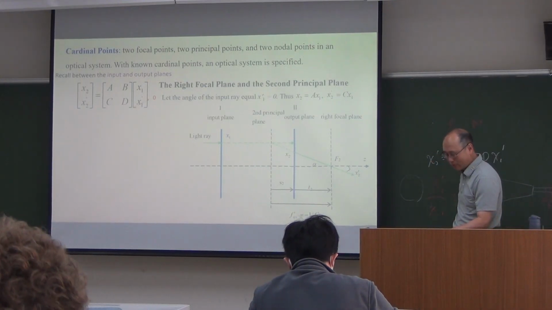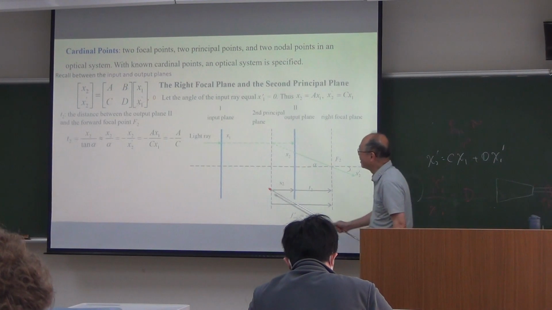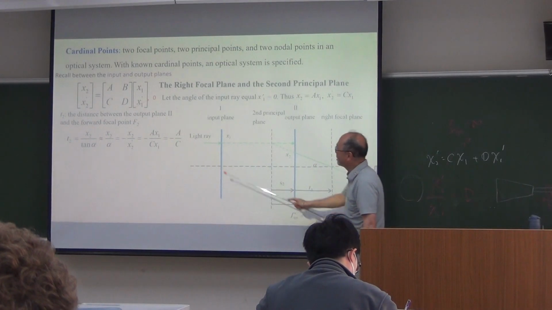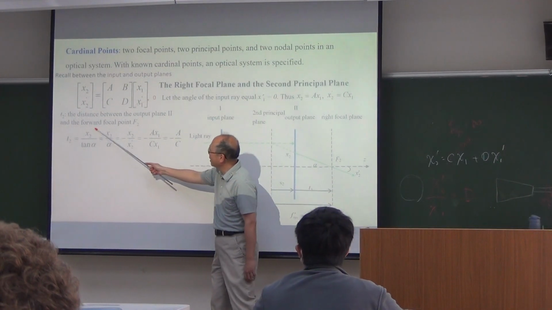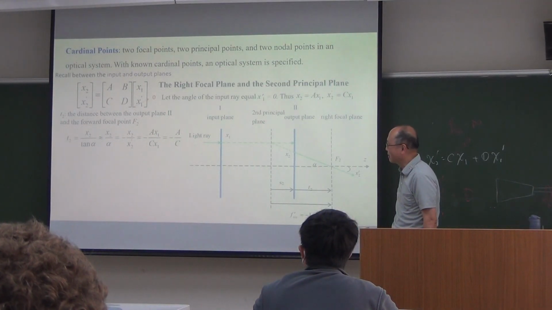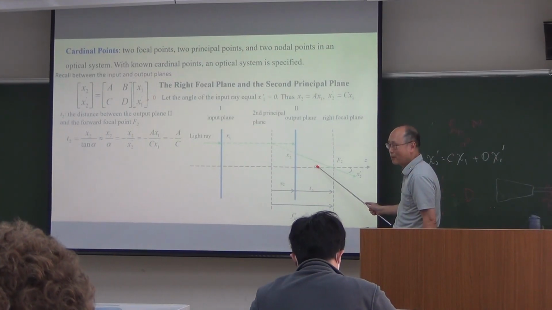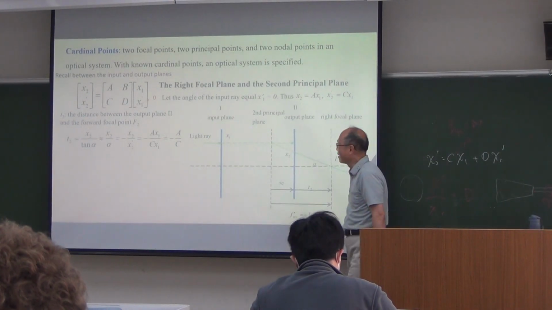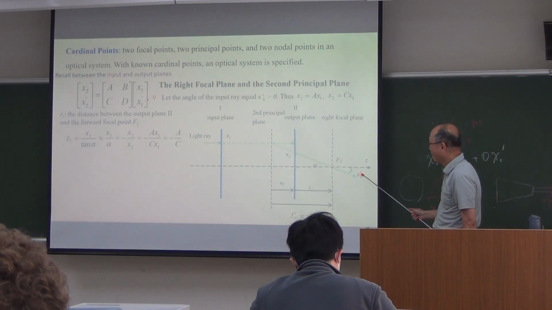So from this cartoon, you can quickly determine that this T2 is given by minus A over C, by sending a parallel beam into the system and then extracting this x2. Well, if you divide with this angle, for paraxial approximation, this tangent alpha is written as alpha, and this alpha basically is x2 prime.